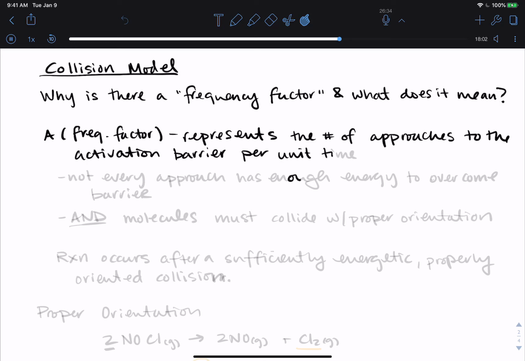So if you have two molecules that are trying to react with each other, not every approach has enough energy to overcome the barrier. And the molecules have to collide with the correct orientation.